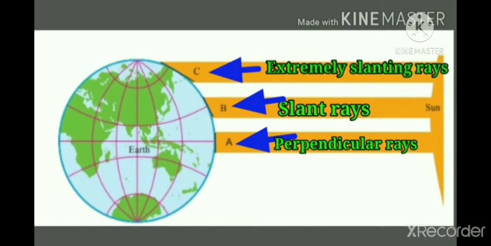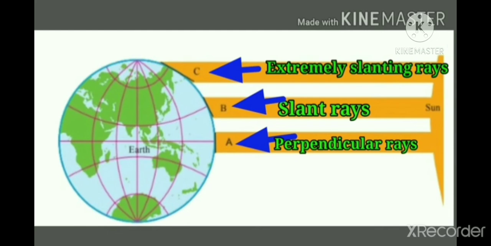Using a scale, measure the length of the lit up part on the Earth's surface in A, B, C regions. Measure the width of the rays shown between Earth and Sun. Considering the parallels of latitude marked in the figure, tell the regions where the temperature will be high, moderate and low.